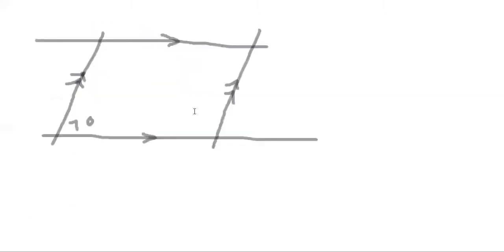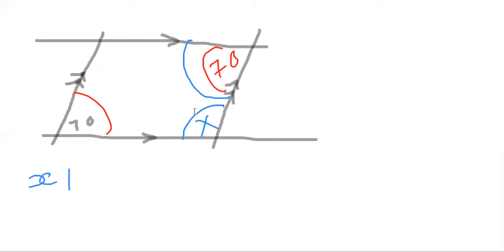Oh, this one, I can get everything now. I can do this one for you. We know that this and this are equal, so this is 70. I also know that this side plus this is 180. If I make this one x, then x plus 70 equals 180 because this is a parallelogram.